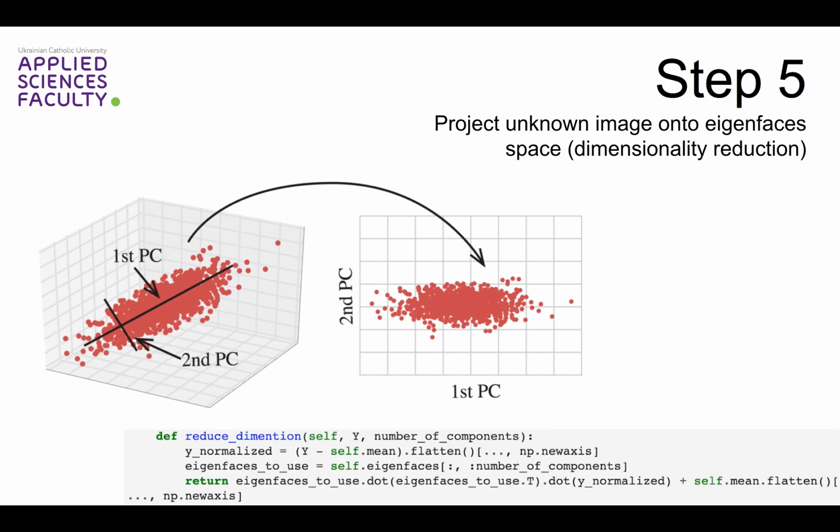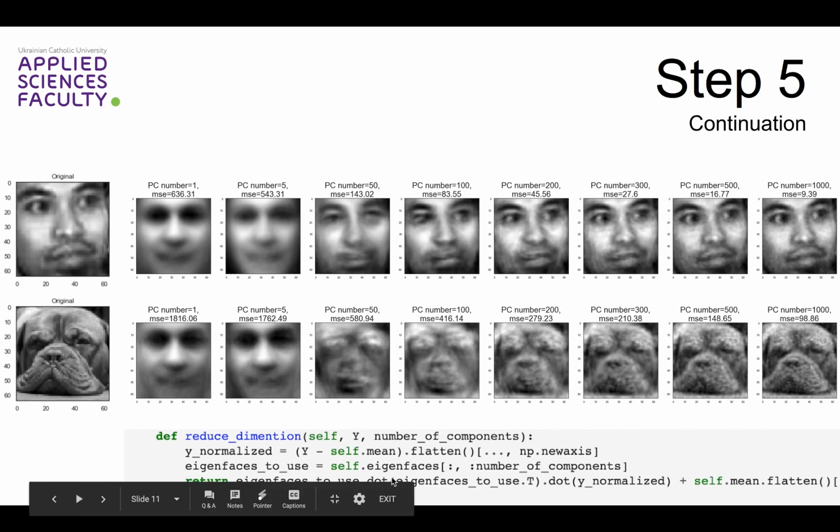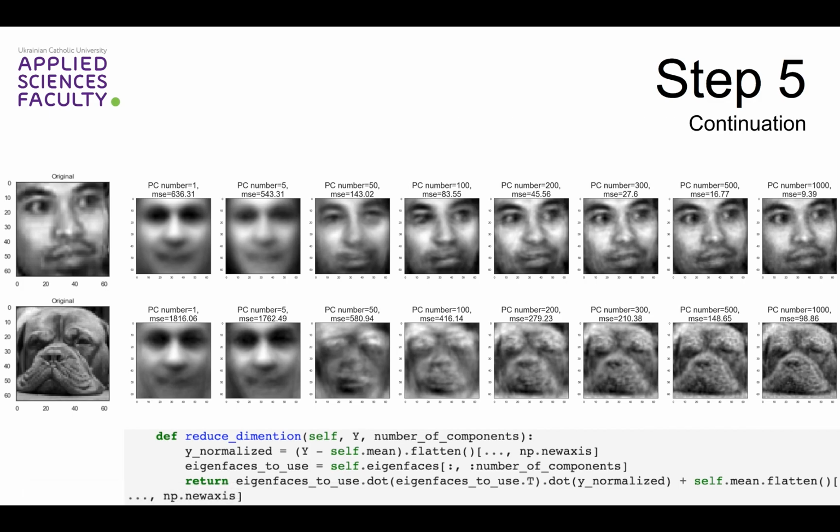What if we get an unknown image? In order to deal with it, we need to move it to the eigenspace, thus performing dimensionality reduction. We could restore any image to some extent, but on the faces, restoration performs better. It turns out we could measure the performance of restoration even visually.